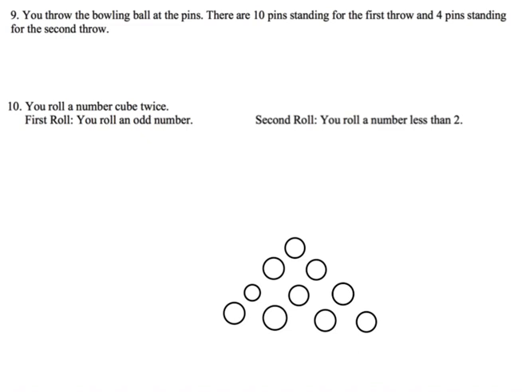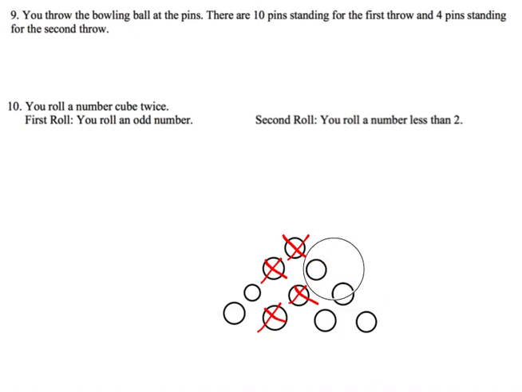Now we're not sure which pins are standing. We're not told. It could be that our bowling ball knocks over these pins and gives us a nasty split. But that's not the only way it could happen. We also could have knocked over these pins and have that.